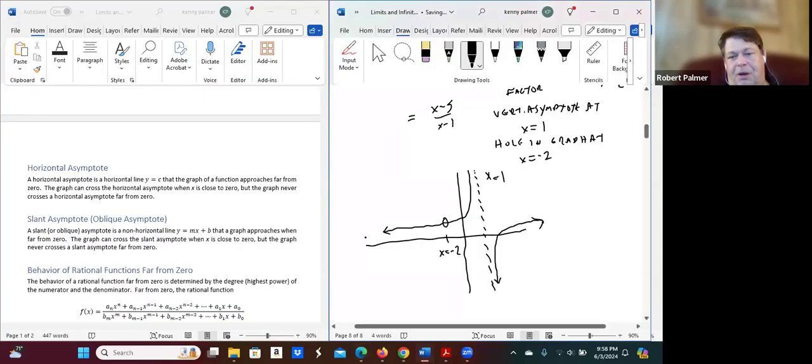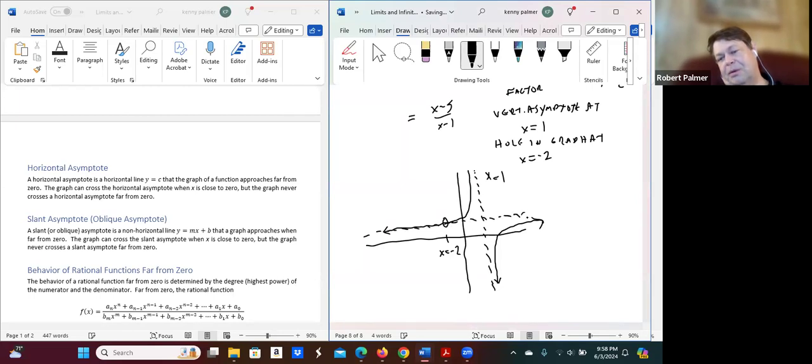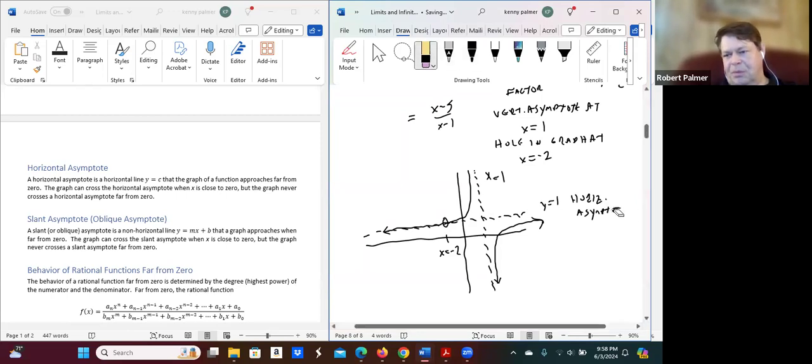I can also draw that as a dotted line. I'll try and draw a straight line here at y equals 1. That's a horizontal asymptote, or HA, let's abbreviate that.